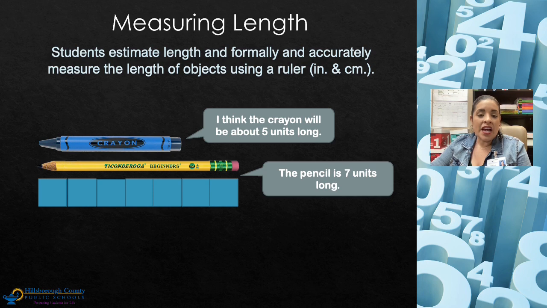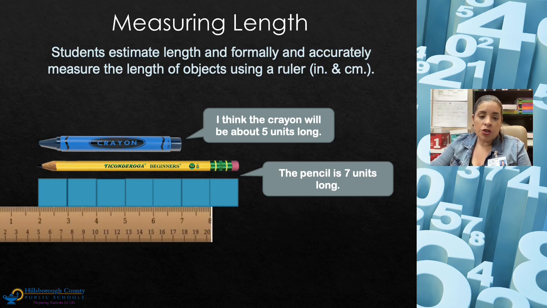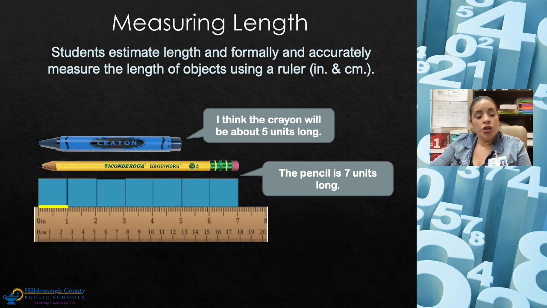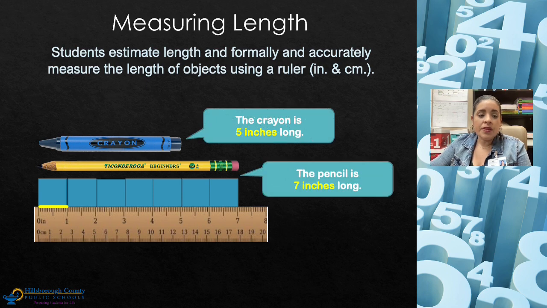Now we want to make connections from this non-standard unit to a standard unit, such as a ruler measuring inches and centimeters. We want them to understand that from 0 to 1 is 1 inch. They can now begin to measure the objects, saying that the pencil is 7 inches long, the crayon is 5 inches long. And we want to make sure that they line up their objects.